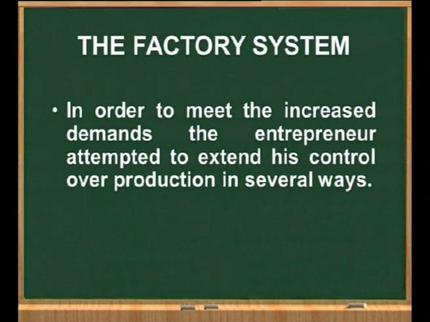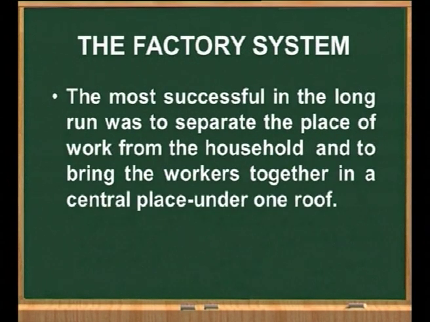The entrepreneur attempted to extend his control over production in several ways. The most successful in the long run was to separate the place of work from the household and to bring the workers together in a central place under one roof.